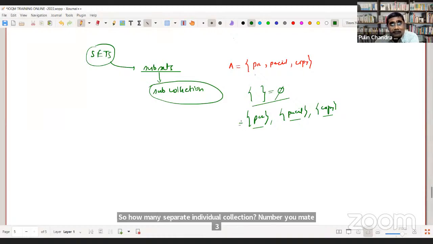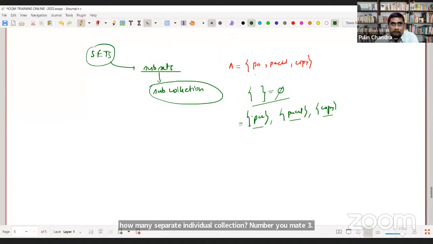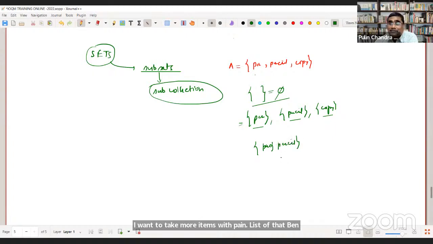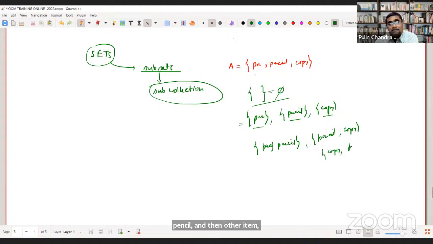So these are sub collection of the bigger collections. एक में एक आइटम लिया मैं. अब कोई अगर बोलेगा नहीं, I want to take more items. कोई पेन ले सकता है, पेन के साथ पेंसिल का आइटम ले सकता है, दो आइटम. Then it may be pencil and then other item copy, or it may be copy के साथ pen. My handwriting is very bad. Try to adjust that. या फिर कोई बोलेगा नहीं भाई मेरे पास कुछ भी नहीं है, I need all.